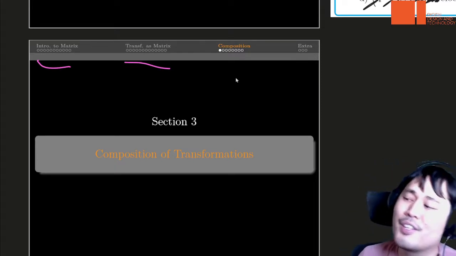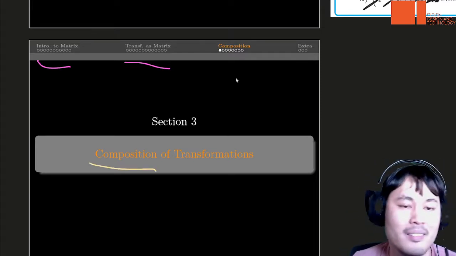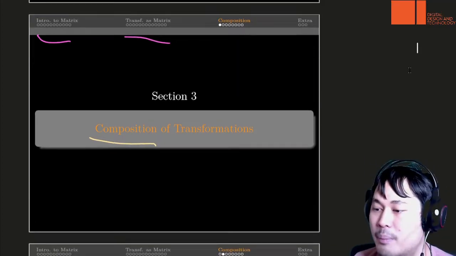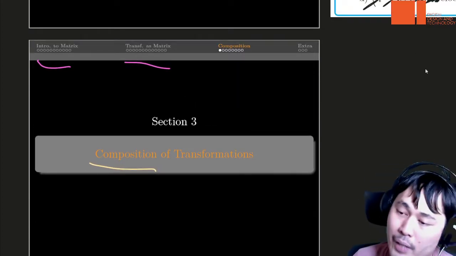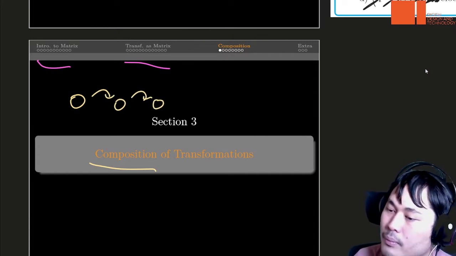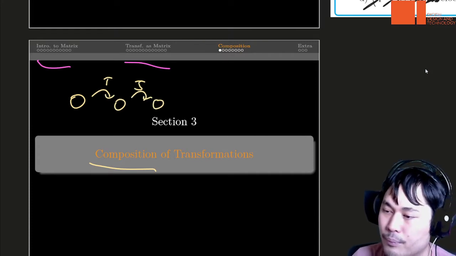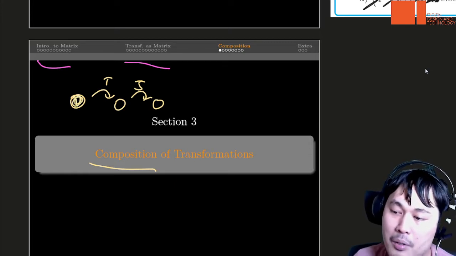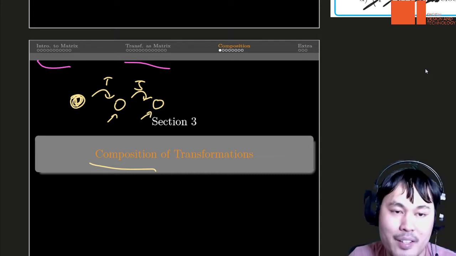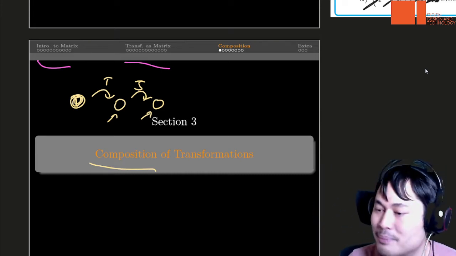But first, let's recall what a composition is, because we mentioned that last time. If you remember, whenever we do things in a sequence, for instance, you can have a ball. You can paint it to be green, and you can increase the size to be twice as large.